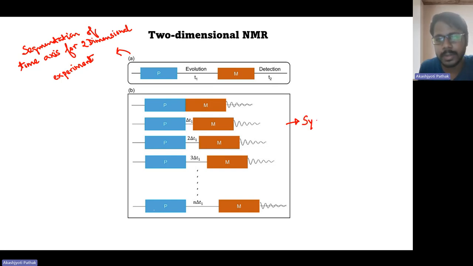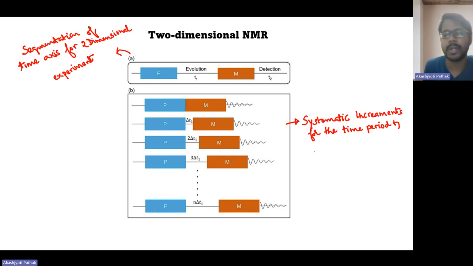Okay, so systematic increments for time period T1.